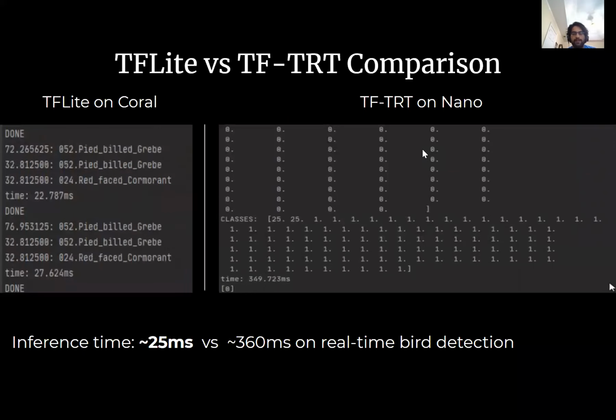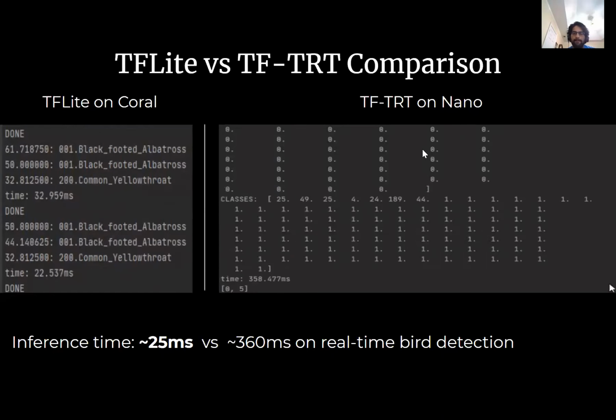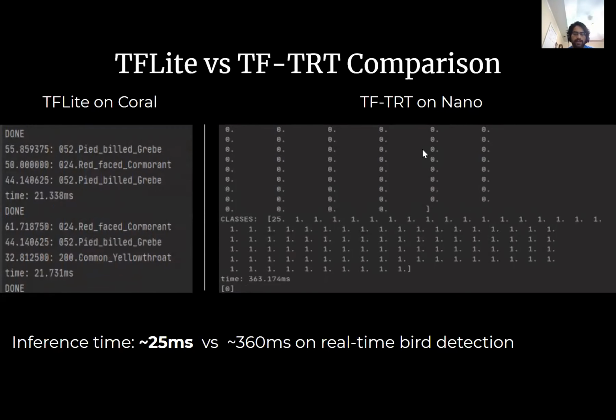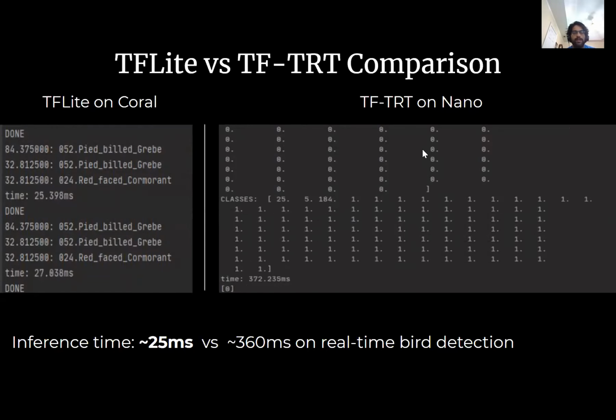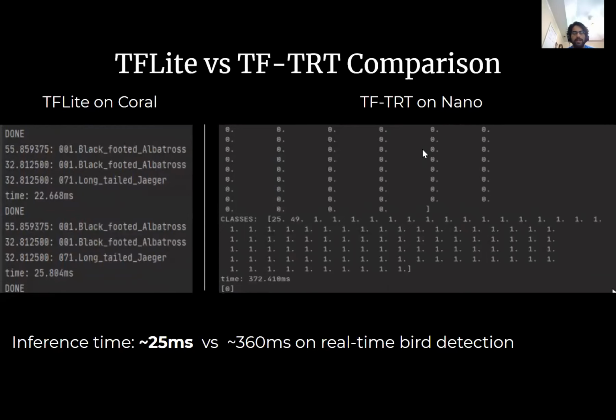TensorFlow itself takes a lot of time and a lot of RAM on the Jetson Nano. In order to fix that, we have the first optimization, TF-TRT, which is a hybrid between TensorFlow and TensorRT. And we also have TF Lite, which is specifically designed for the Google Coral and its hardware.